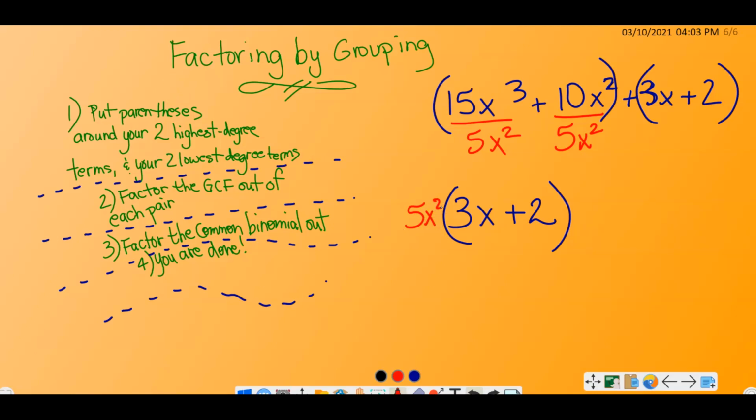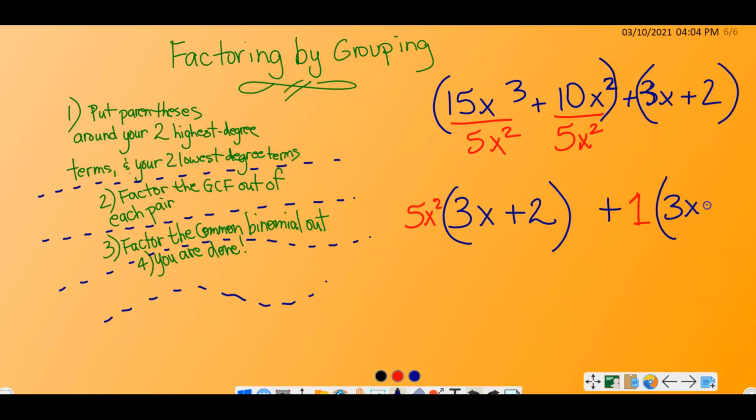And let's do the same thing over here. I've got a 3x plus 2. So what's the only number that I could divide out of both of those terms? The answer is 1, all right? So then I'm going to leave the rest of it like it is.